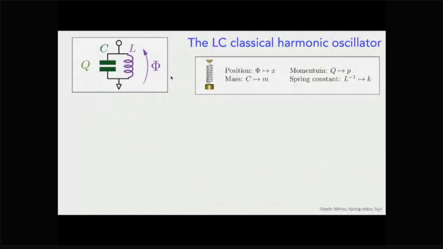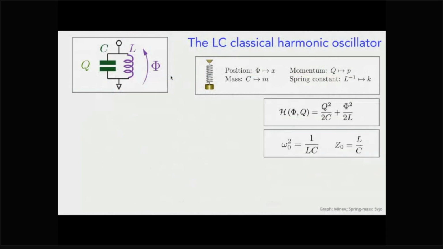And again, I'll stress the analogy that is summarized here between mass and spring constant and so forth. So let's explore what the Hamiltonian means and what it does. Two key parameters we saw are the product of the capacitance and inductance, which give the resonance frequency omega naught. And there is a little typo here.